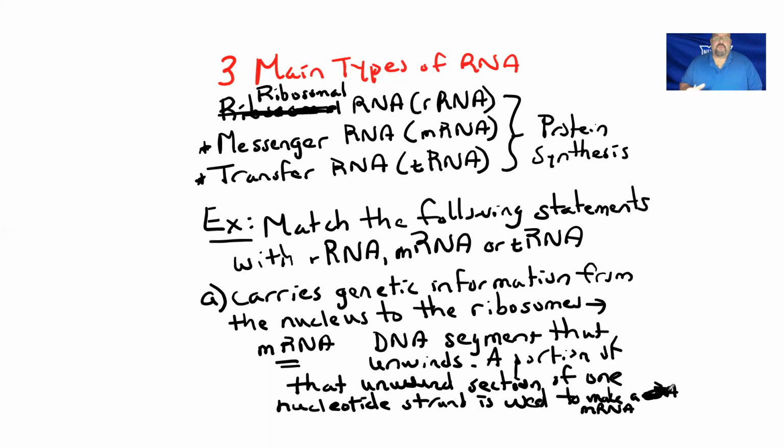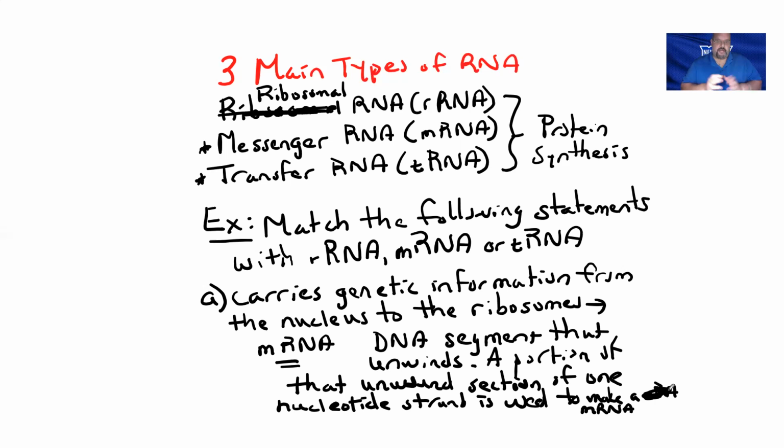All right. And again, going back to DNA for a second, each DNA molecule is a double helix that has two nucleotide strands winding about each other like a spiral staircase. As we talked about previously, the force of attraction between the complementary bases on the strands is hydrogen bonding. That force of attraction holds the strands together. Well, an enzyme is going to break the hydrogen bonding in a portion of that DNA double helix.